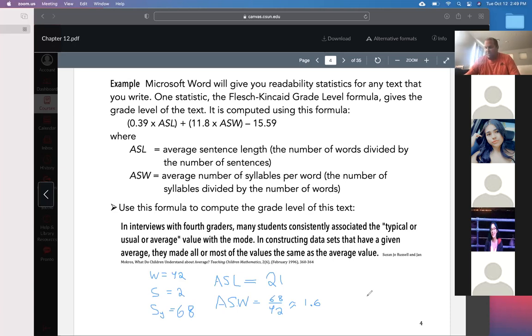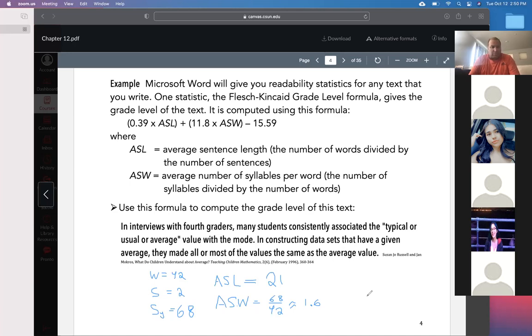So what do we get as our final answer? I did the math already. What do you guys get? 11.48.